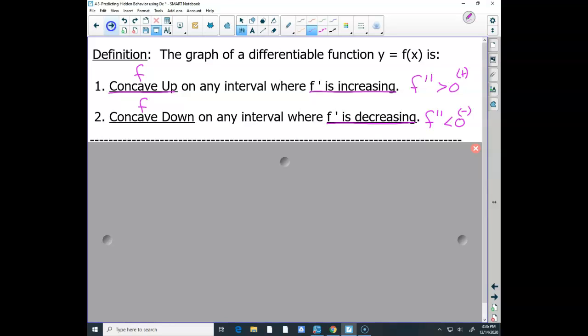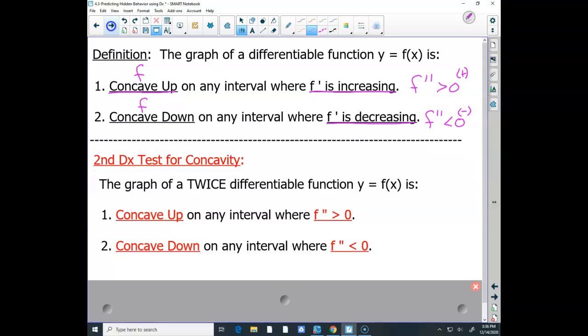And that brings us into a concavity test, the second derivative test. Bottom line, we're going to do the second derivative test the exact same way we did the first derivative test, except we have to have the graph of a twice differentiable function, okay? We're going to use a number line test, except we're going to label it as a second derivative number line.